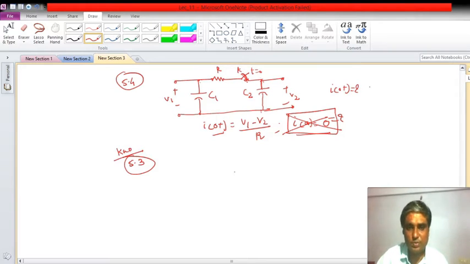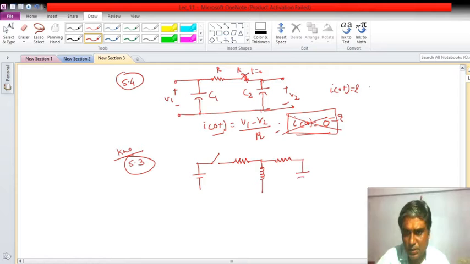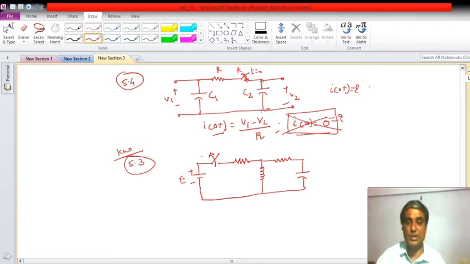With this, next we'll go with example 5.3. Suppose my network is like this: there is a switch, a resistor, then an inductor connected here, and a resistance connected through a capacitor, with a source E. The switch is initially closed, the circuit reaches steady state, and then the switch is thrown away at t equal to 0.